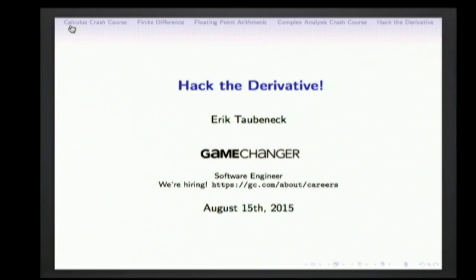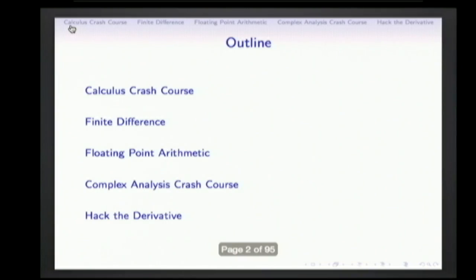But now we're going to do some math. Just a quick outline of what I'm going to go over today. We're going to do a quick crash course of some calculus, to remind you what the derivative of a function is. This is the mathematical derivative, not financial derivatives. We're going to talk about the finite difference method, which is a common way to estimate the derivative using a computer.